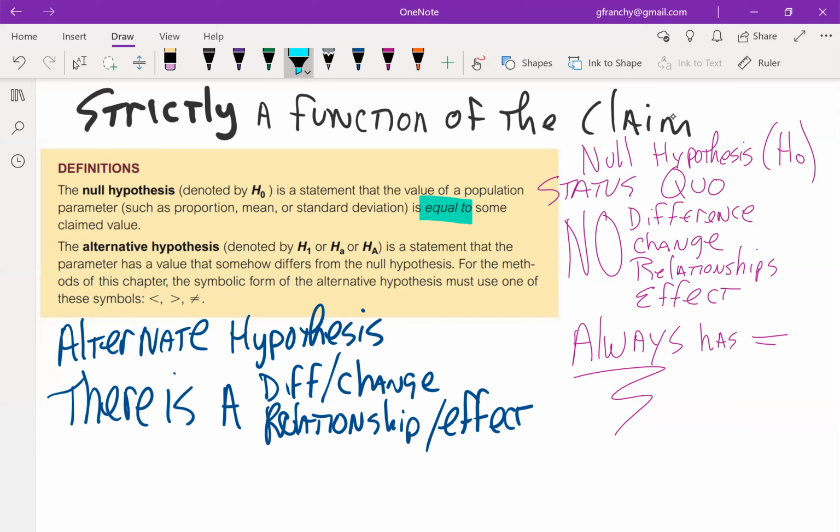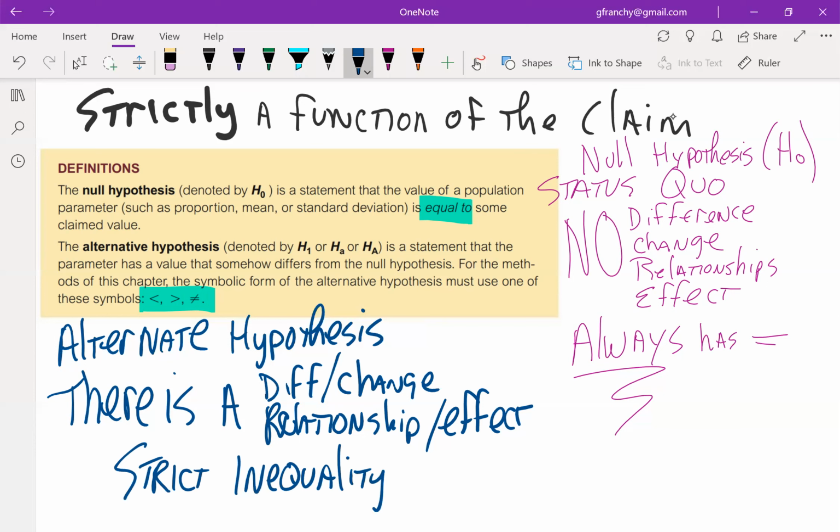And the alternate hypothesis always gets the strict inequality. The idea between the null and alternative hypothesis, same as in a criminal trial, is that they're representing opposite cases. If it's not one, then it has to be the other.